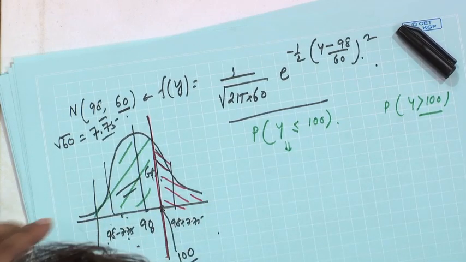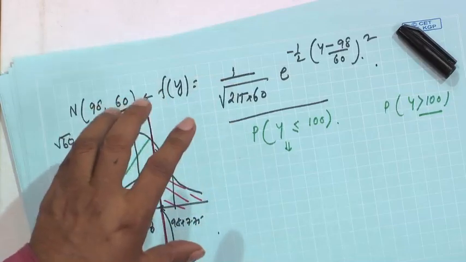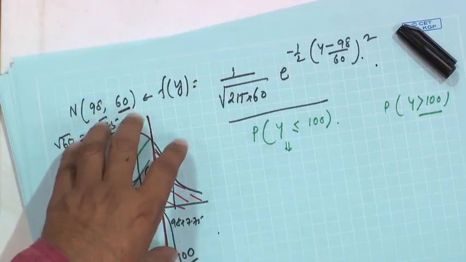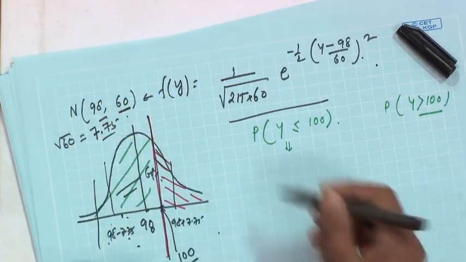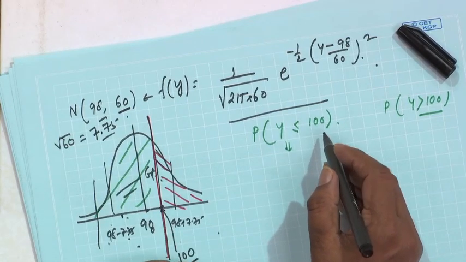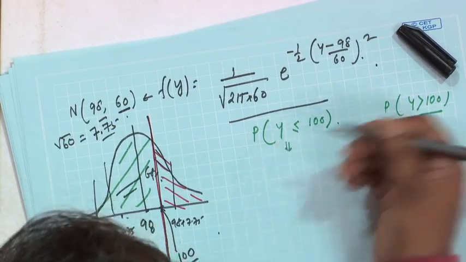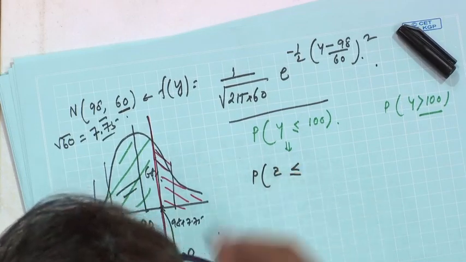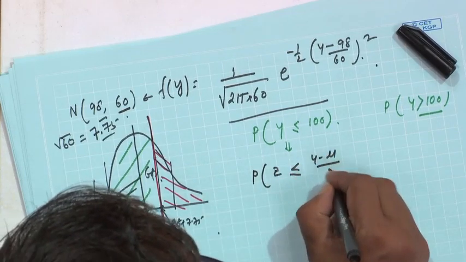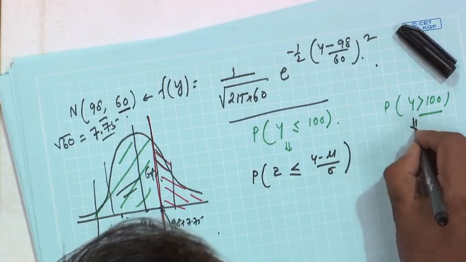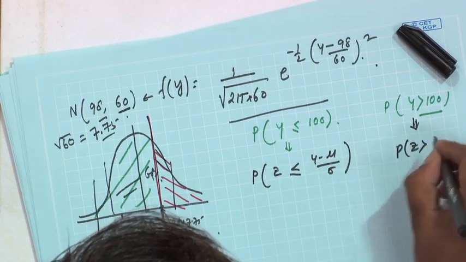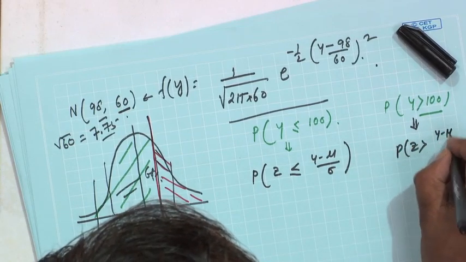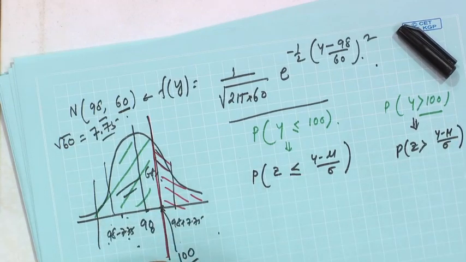Then what you do, you have to use the standard normal table which is available. So, you convert this to z. If I want this in terms of z, this is nothing but the probability that z is less than or equal to (y minus mu) by sigma, or here it will be the probability that z is greater than (y minus mu) by sigma.